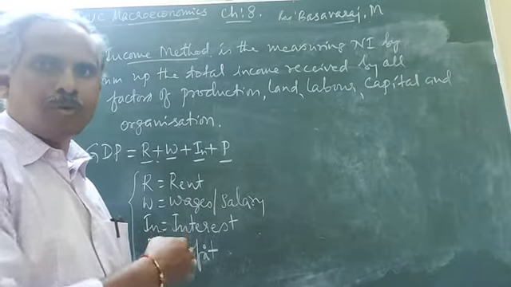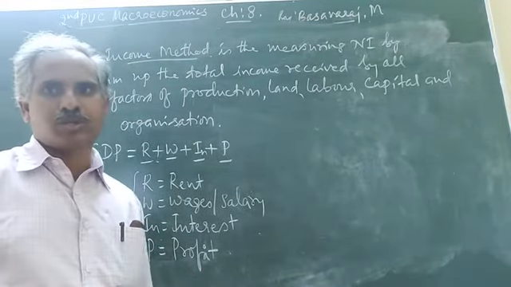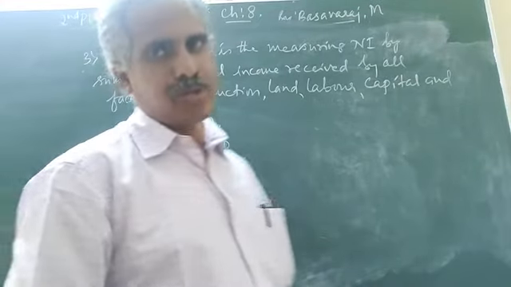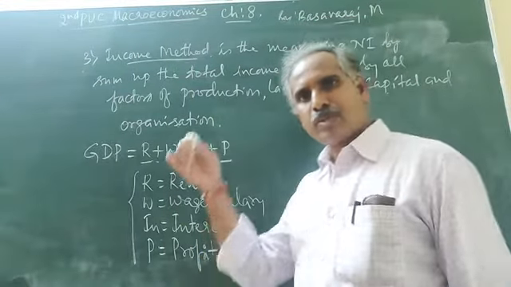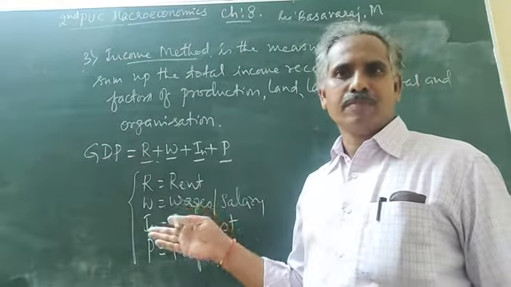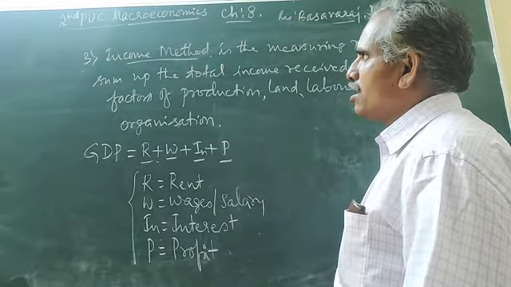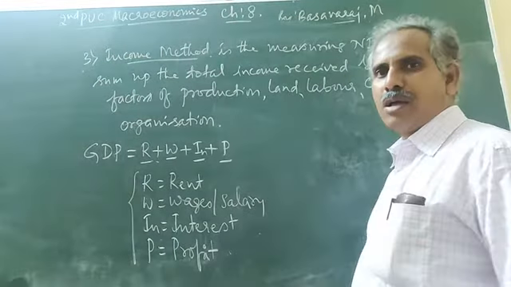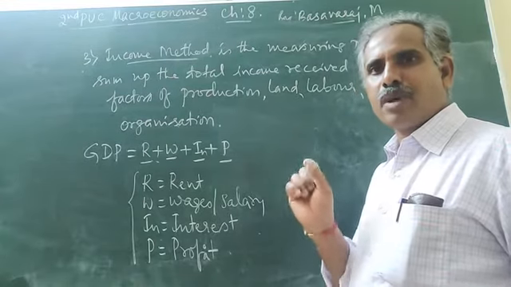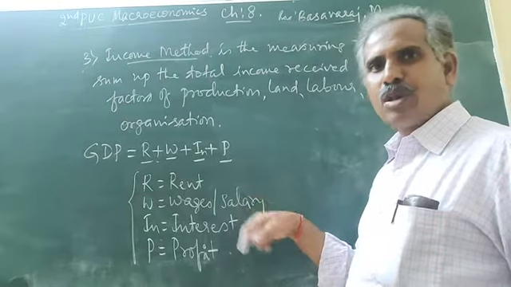These are the 4 factors of production, and the remunerations given to them are the factor payments. All the factor payments have to be added together to get the national income under the income method. This is how the income method makes the sum total of factor payments made by the firm sector to the household sector.